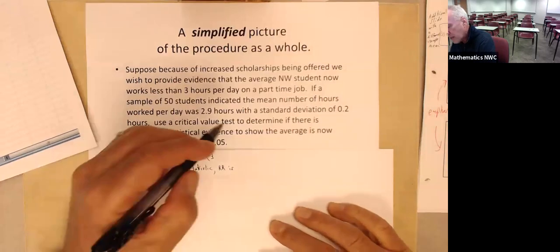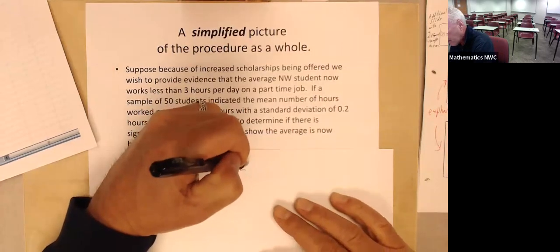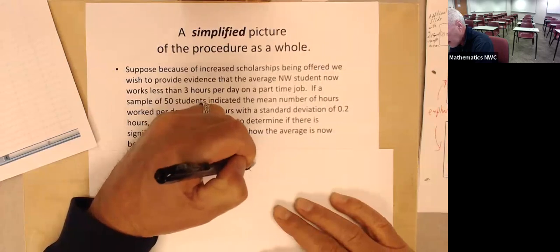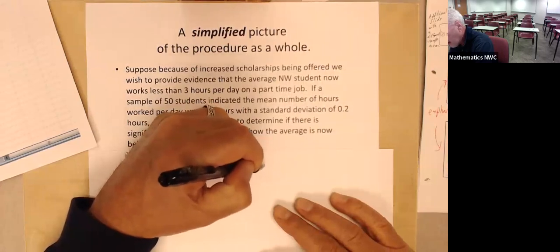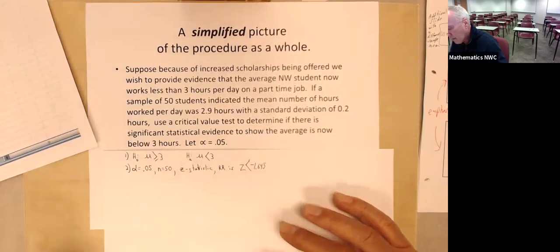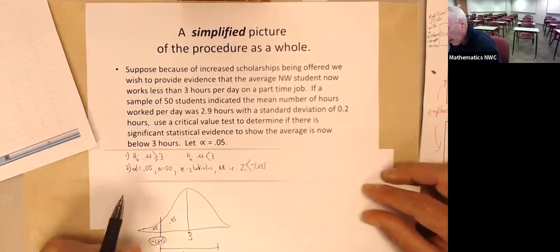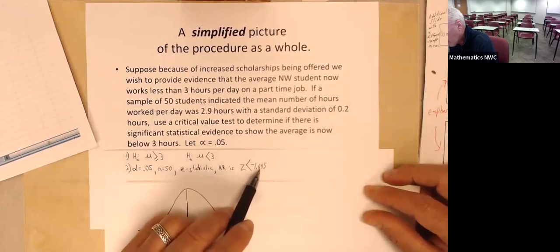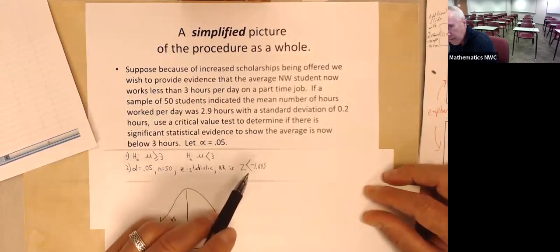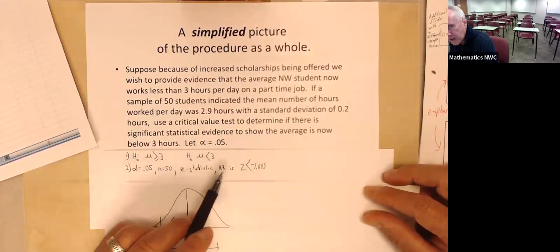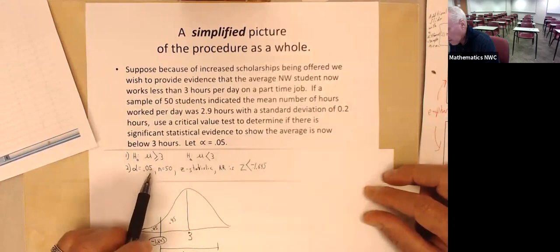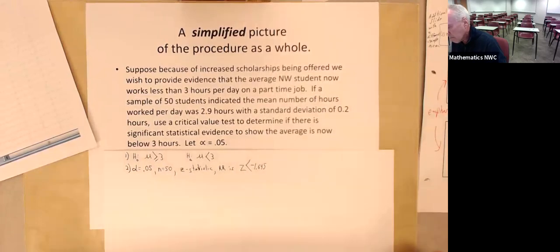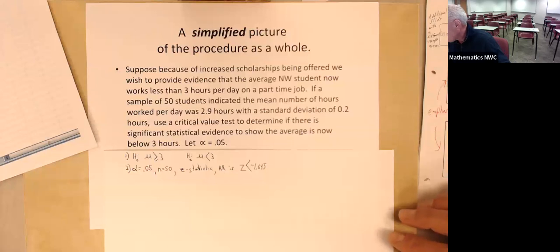My rejection region is z is less than negative 1.645. Had this been a different alpha level, that would have given me a different z-score. This rejection region is tied to your alpha level. Okay? That was step number 2 so far.